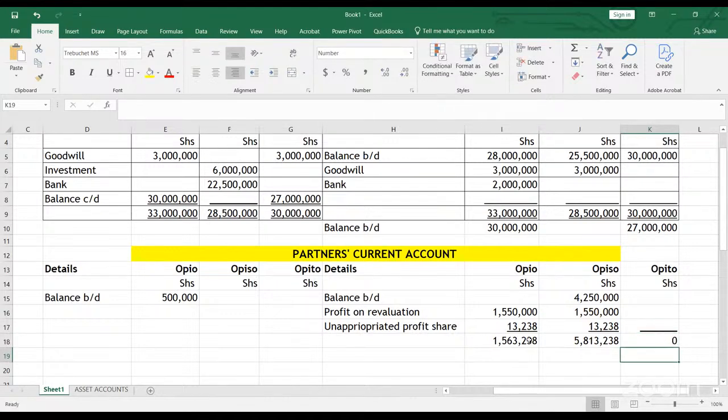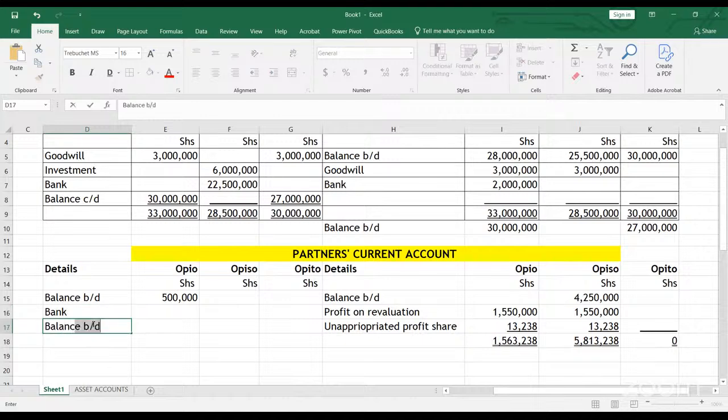Here there is a 0, there is nothing. So he will get some money on retirement, as by the current account. Balance current down.